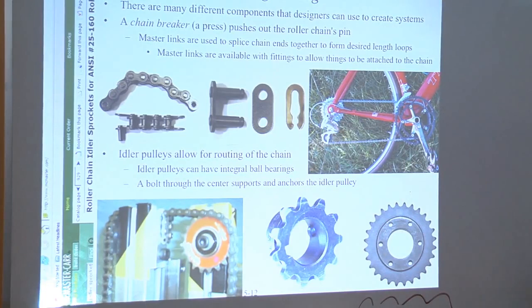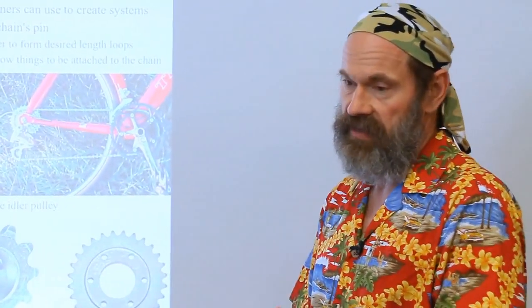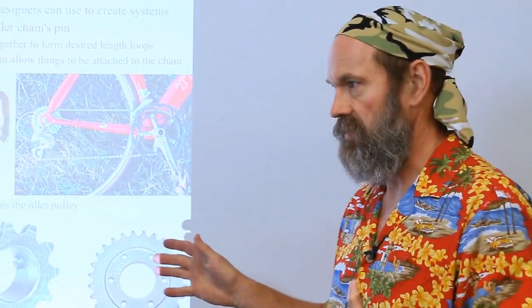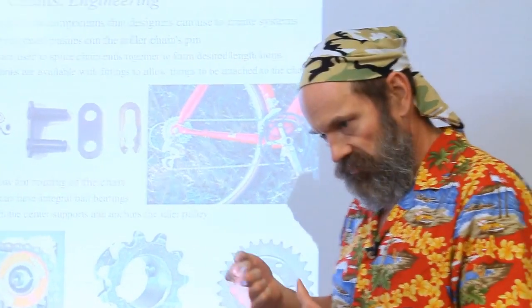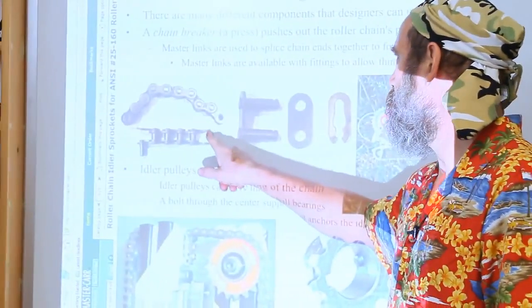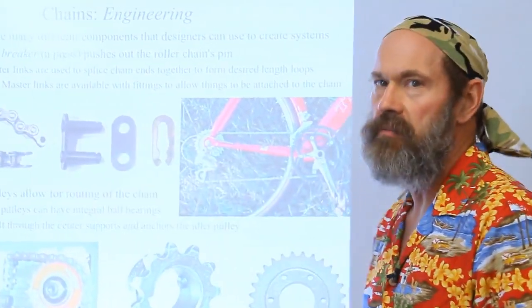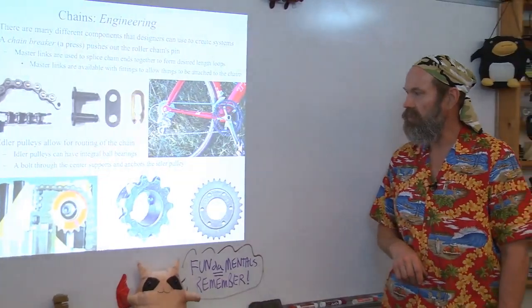In order to initially break the chain apart, use what's called a chain breaker, which if you ride bikes a lot, you should carry this little chain breaker tool. So if you're out in the middle of, say, riding a 100-mile mountain bike trail, the White Rim Trail out in Moab, and your chain breaks, you can break out the broken link. You carry your master link with you in your toolkit, and you can repair your chain and be on the road again.